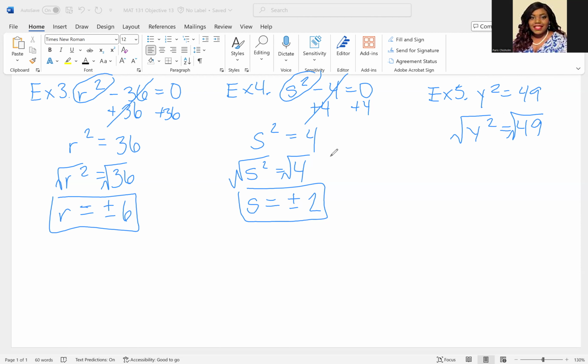I want you to rewrite it and then take the square root so you can see what happened from here to here, okay? So the square root of y squared is y, and the square root of 49 is plus and minus 7, okay? So hopefully, when the problem is set up this way, you all understand what to do.